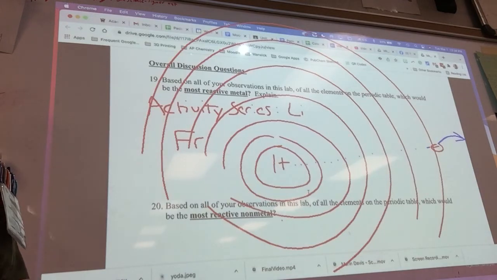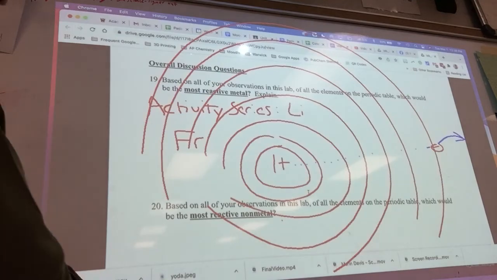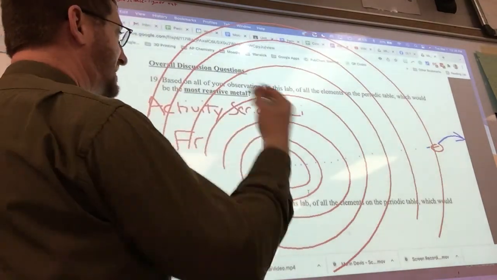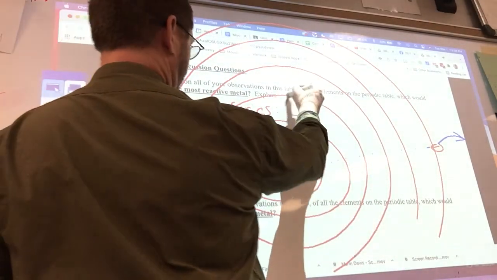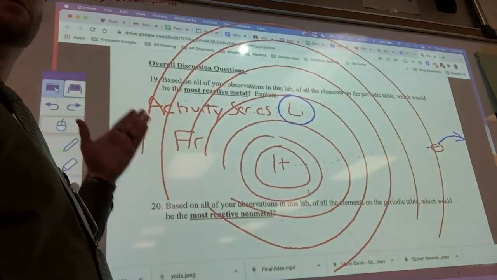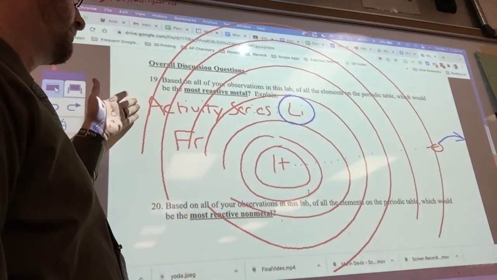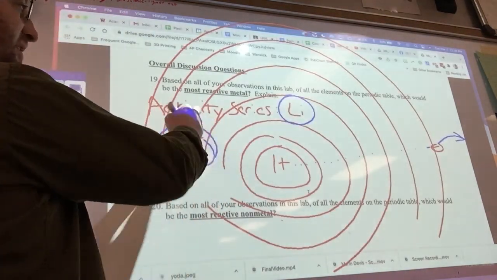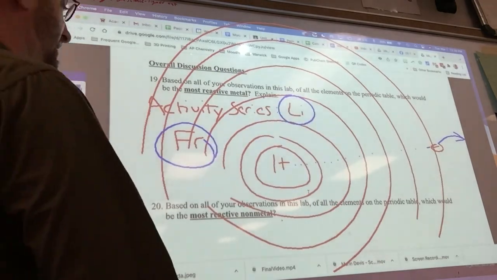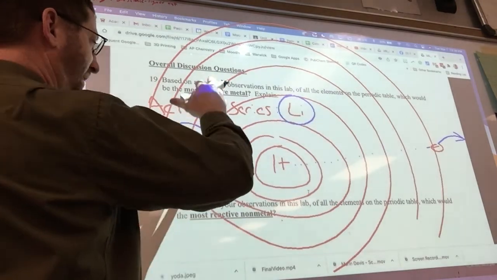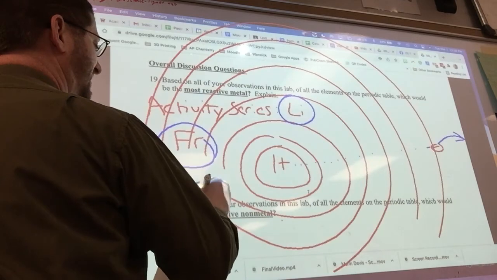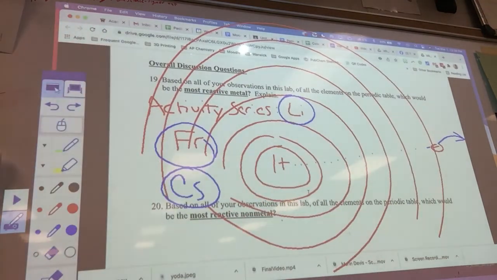So I would probably say on a test, depending how it's defined, lithium would be an acceptable answer from a voltage electrochemical standpoint. Francium, just based on these simple models, would be an acceptable answer, but a lot of people don't pick that because you're never going to deal with that. So I'd say cesium would be also a pretty good answer for one of the most reactive metals on the periodic table. So I'll give you some leeway there.